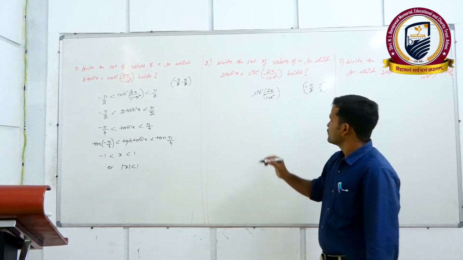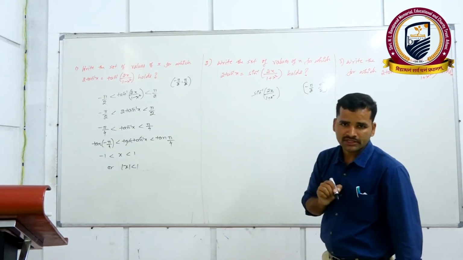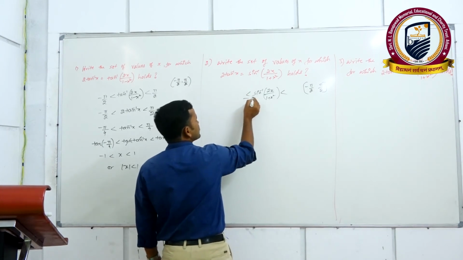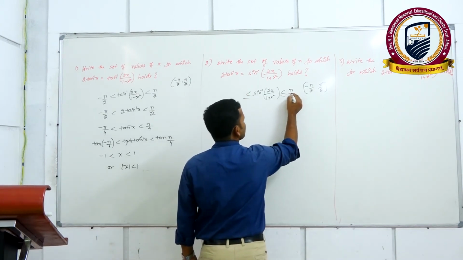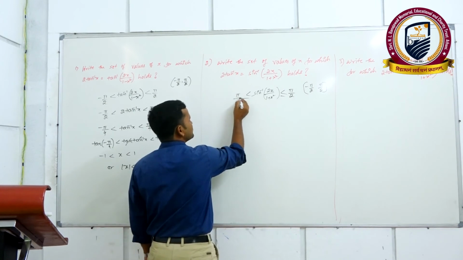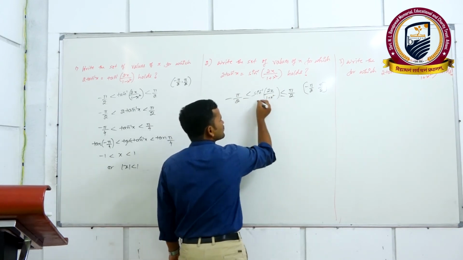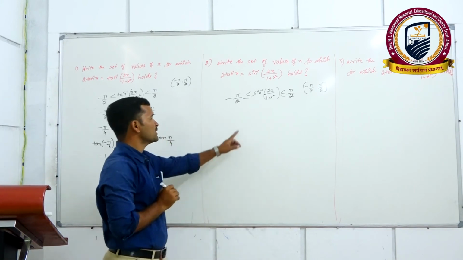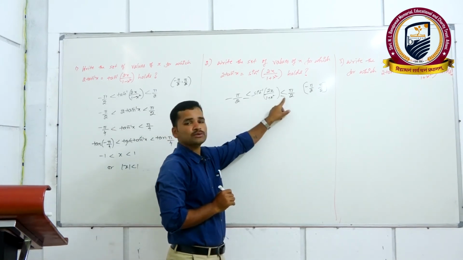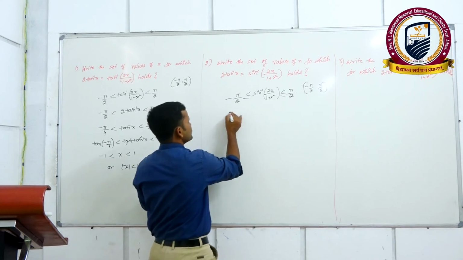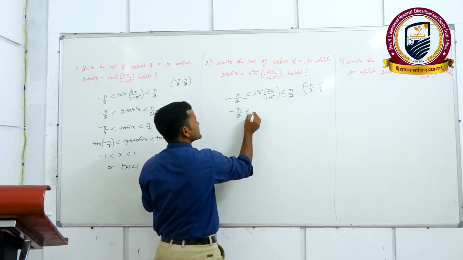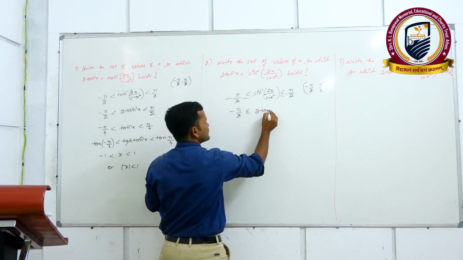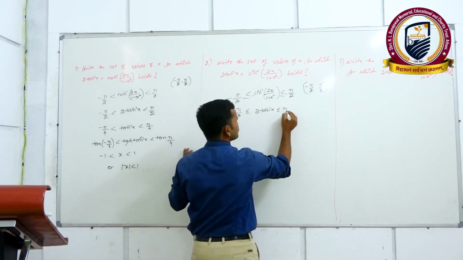Means whatever value of x you substitute here, it will give a value in the closed interval minus pi by 2 to plus pi by 2. Means the minimum value is minus pi by 2 and the maximum value is pi by 2. This indicates we are including endpoints also. Minus pi by 2 less than or equal to, this can be written as 2 times tan inverse of x less than or equal to pi by 2.